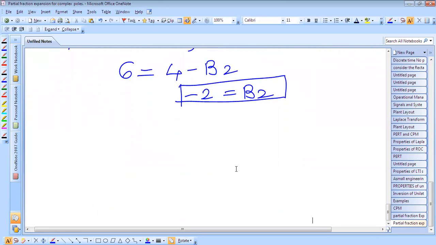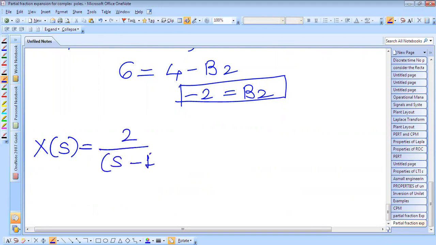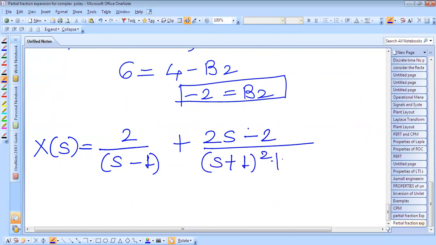Now put these values in the equation. Therefore X of s is equal to, the value of a we have got, 2 upon s minus 1, plus (b1 s plus b2), where the b1 value is 2, so 2s minus 2, divided by (s plus 1) square plus 1.